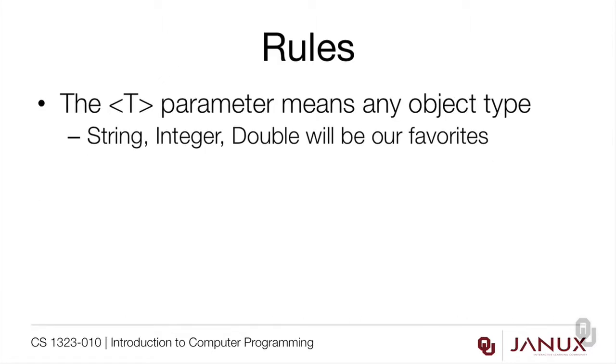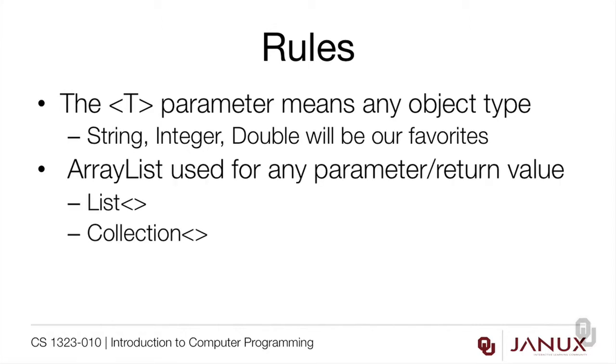Here are some of the rules for reading the API. The T between angle brackets, parameter, means any object type. Now the ones we're going to use at this point are string, integer, and double, the same ones we've been using all along. Array lists can be used for any parameter or return value that has either a list with the angle brackets or a collection with the angle brackets.